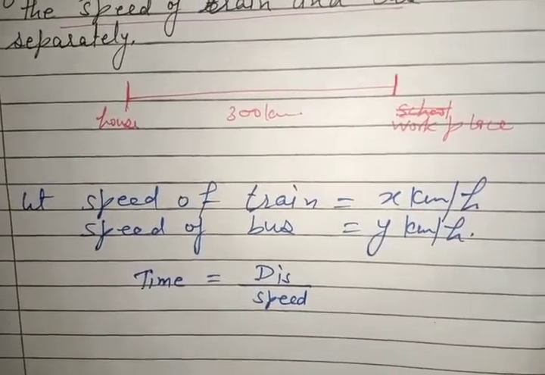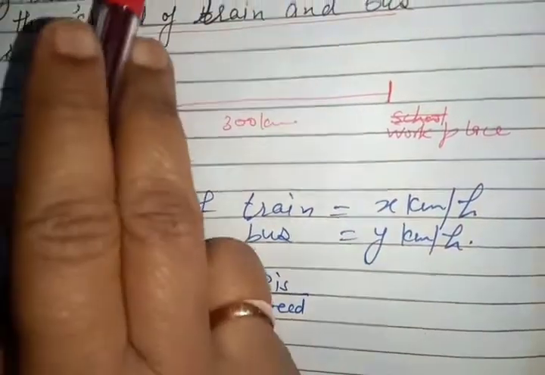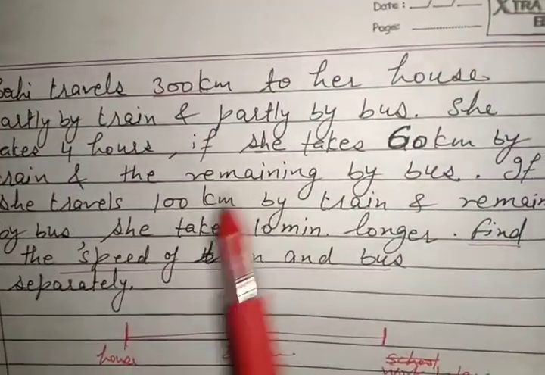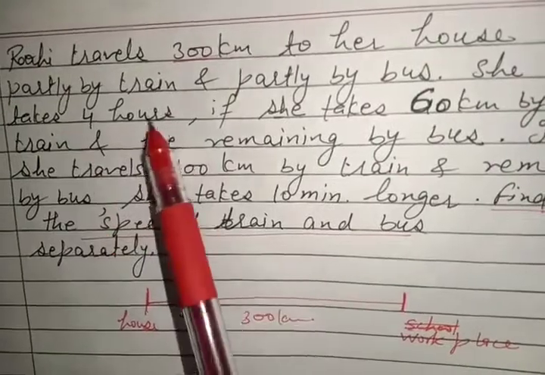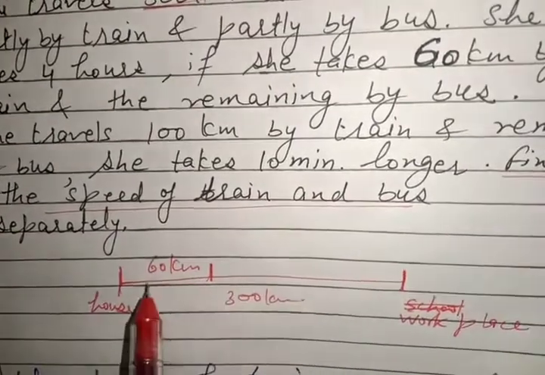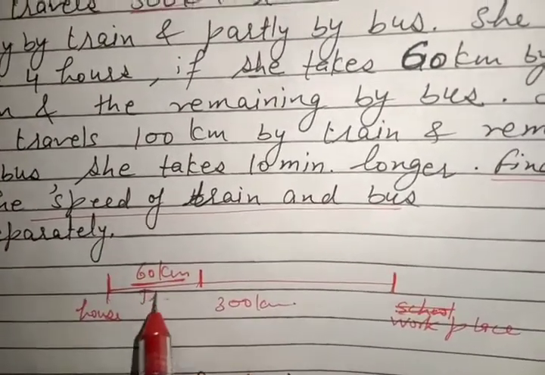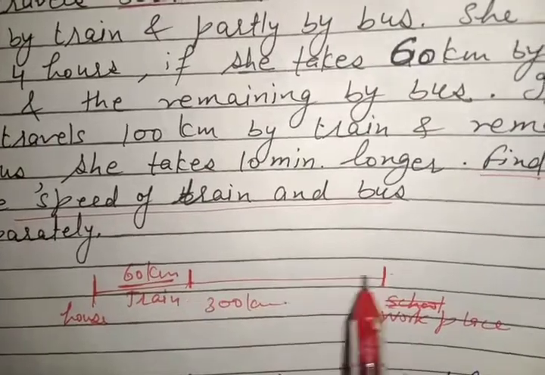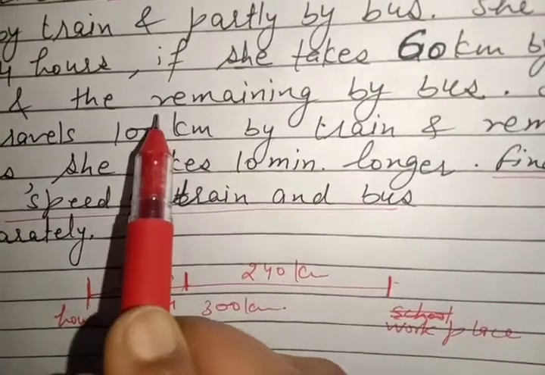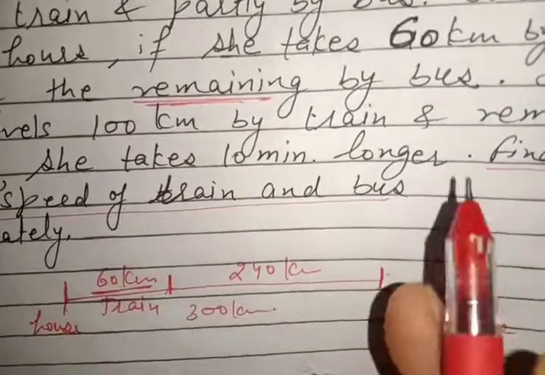So we'll discuss this. Ruhi travels 300 km from her house partly by train and partly by bus. In the first case, she takes 60 km by train. This 60 km she covers by train. How much is remaining? 240 km, because it is written remaining by bus.